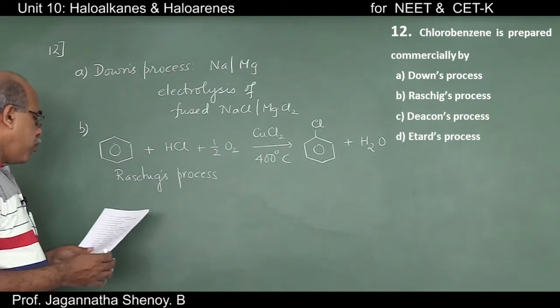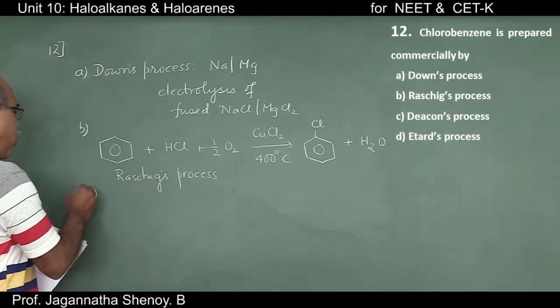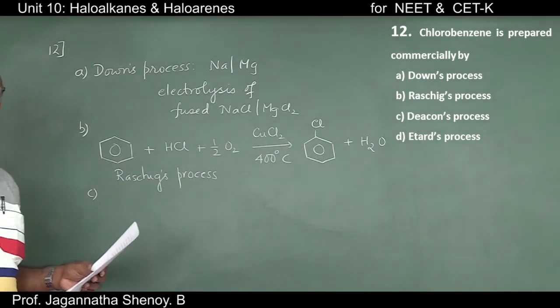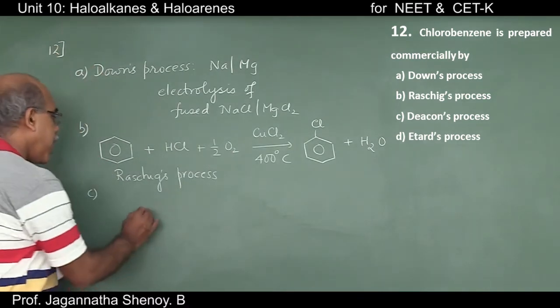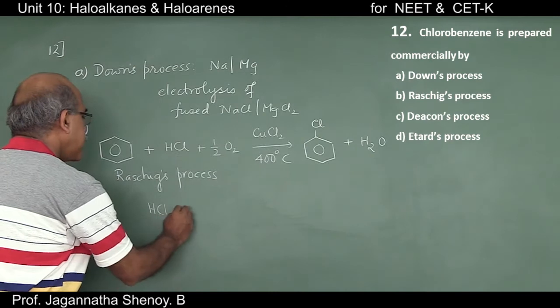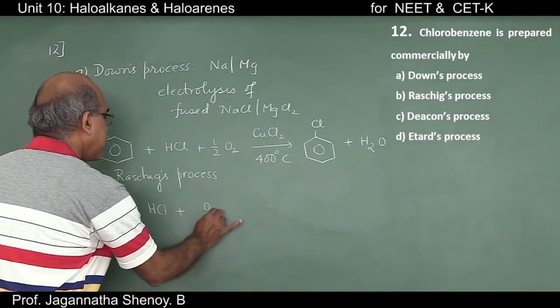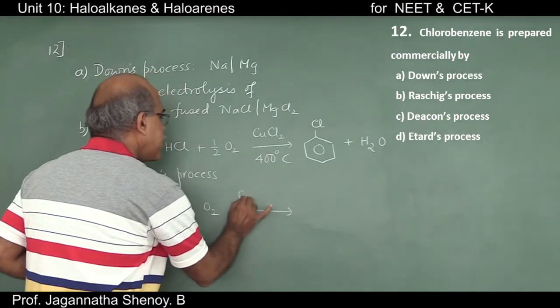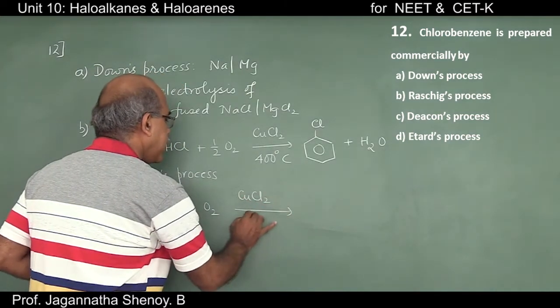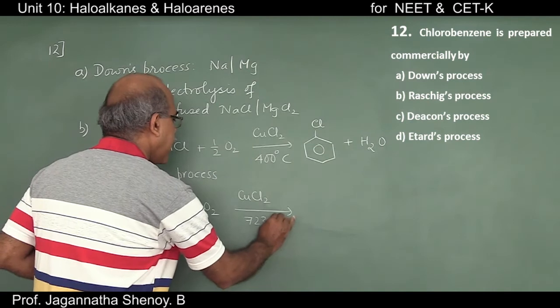What about the other option? If I go for option C, let's say Deacon's process. What is Deacon's process? I start from HCl, I'll subject it to air oxidation. The reaction is carried out in the presence of cupric chloride catalyst at 723 Kelvin.